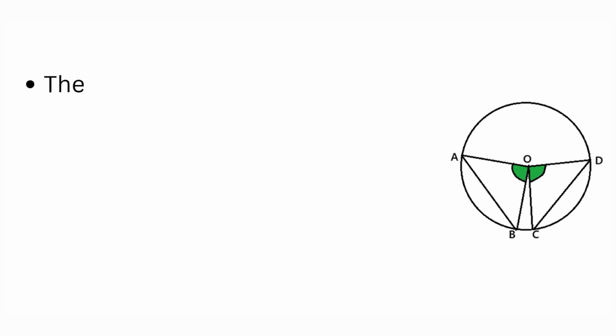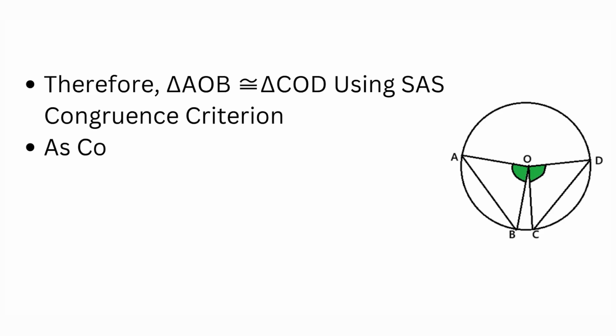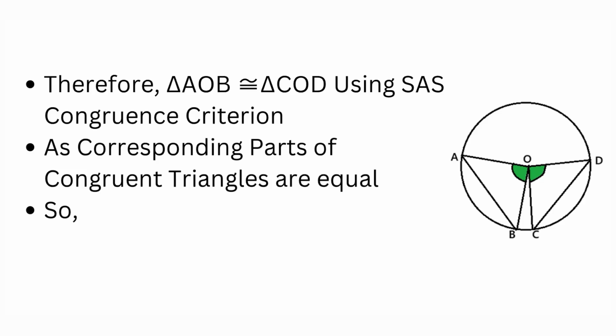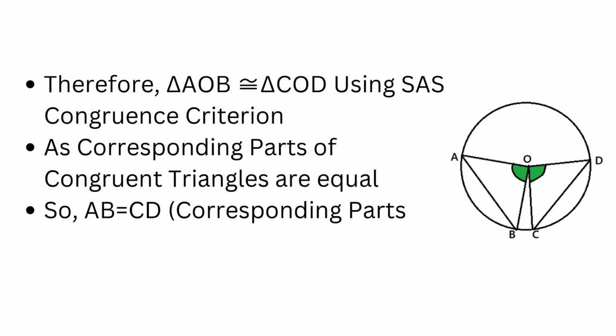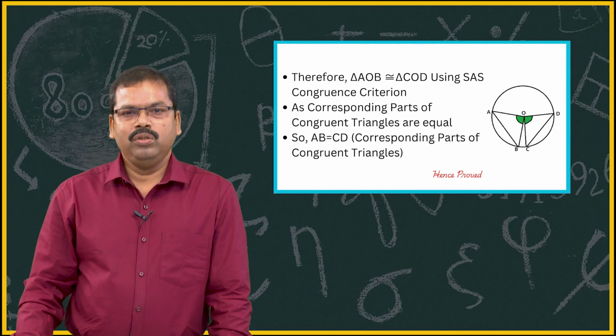So students, triangle AOB congruent to triangle COD using SAS congruence criterion. As corresponding parts of congruent triangles are equal, AB equal to CD, that is CPCT, corresponding parts of congruent triangles are equal. So, students, this is theorem 9.2.